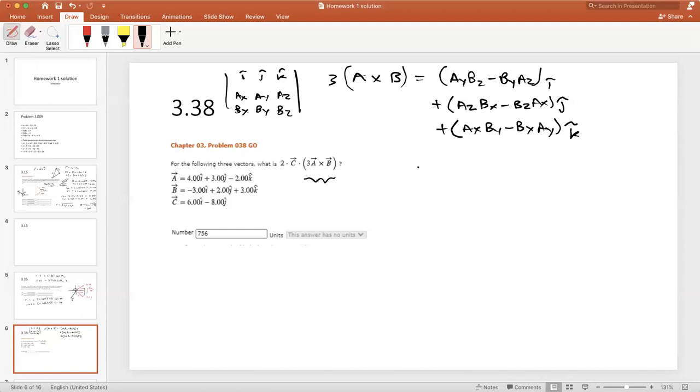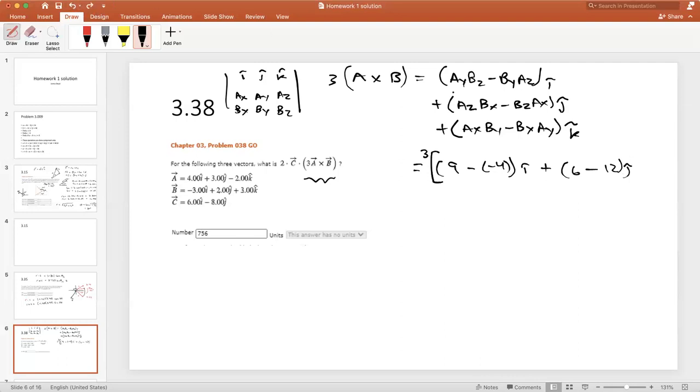Okay, let's do this really fast and find it. AY BZ is 3 times 3, so this is 9, minus BY AZ, which is 2 times 2, so minus 4. That's a 13 in the I hat direction, plus AZ BX, which is minus 2 times minus 3, so that's 6, minus BZ AX, which is 12 in the J hat.